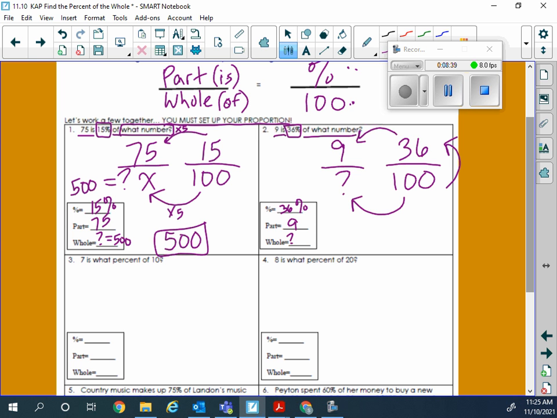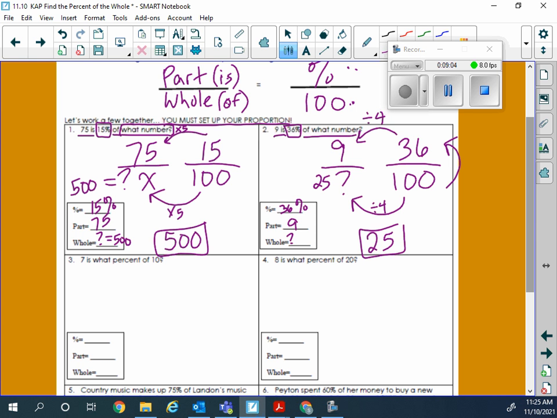Why? Because it's easy, right? What's the answer? 4. Divide by 4. Don't just say 4, guys. It's divide by 4. Make sure you put the action in there, okay? What you do to the top, you do to the bottom, and 100 divided by 4 would be 25. So what's the answer? Just 25.